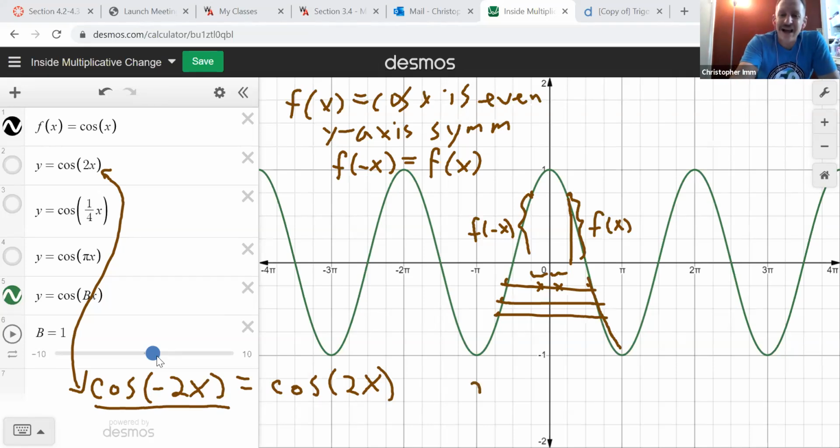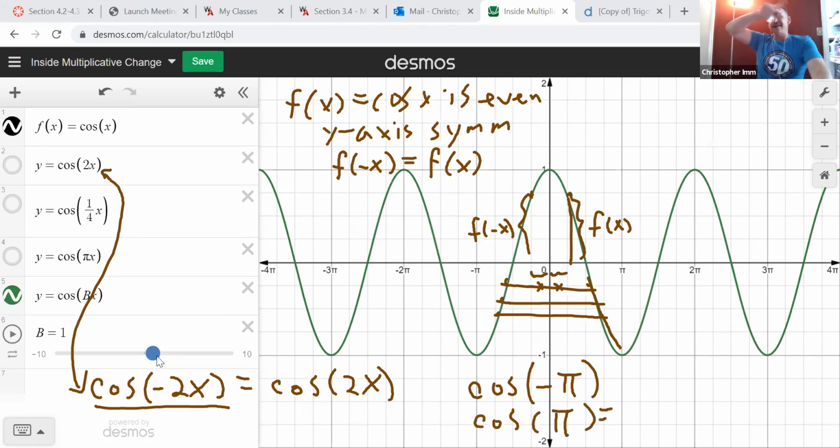Like if I wanted to find the cosine of negative pi, well, that's just going to be the same as the cosine of pi. Cosine of pi is negative 1, so that's going to be the same as the cosine of negative pi. You can see it there: the negative 1 for cosine of pi, and the negative 1 for cosine of negative pi.